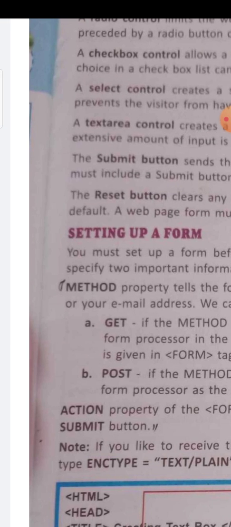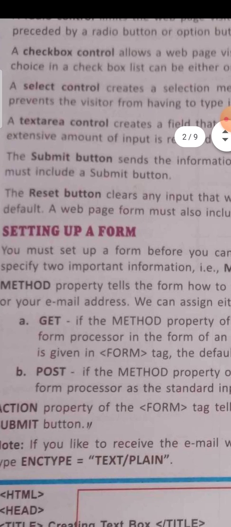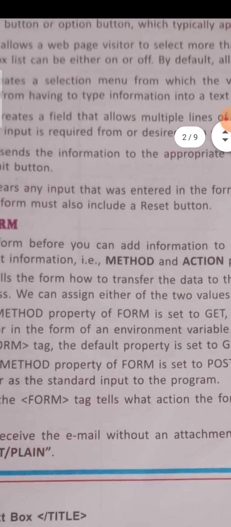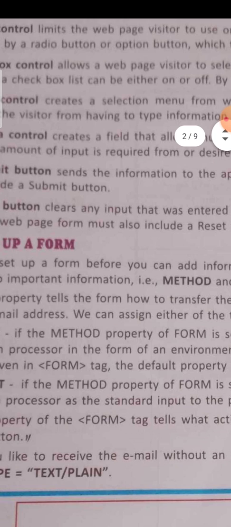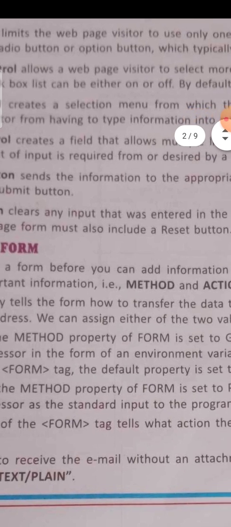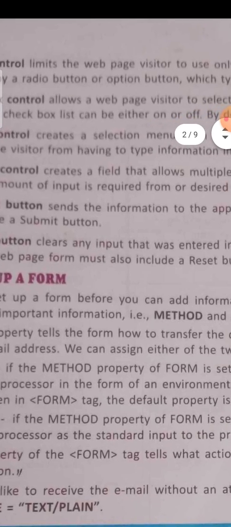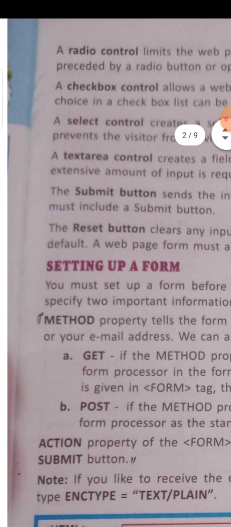That is the basic difference between get and post. When we use post, it means simply that standard input is there, and when we use get, that means data is in the form of a query string.